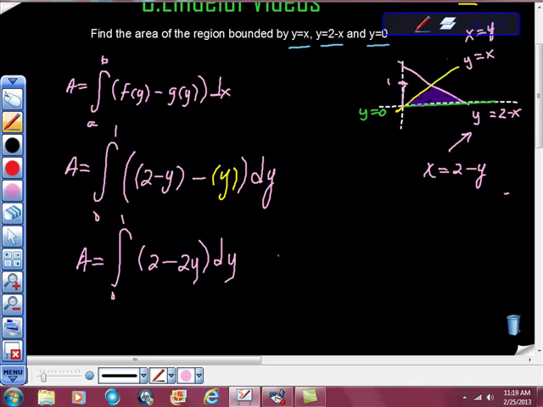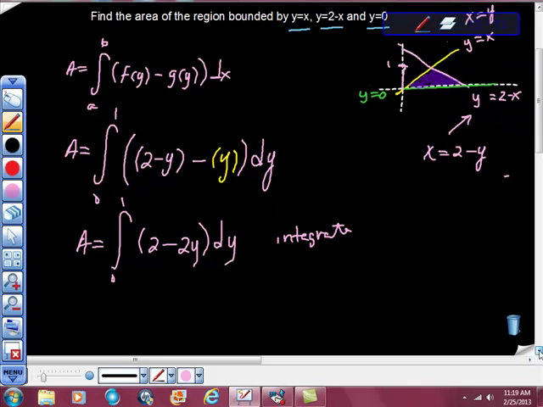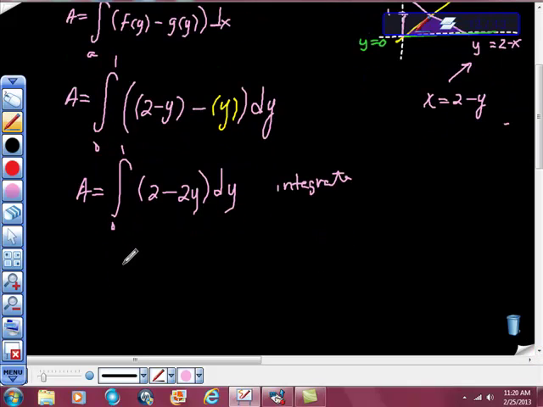From there, I'm going to integrate. This is going to be 2y minus y squared, right? Because negative 2 over 2 is negative 1, so that's where that went. As evaluated from 0 to 1.